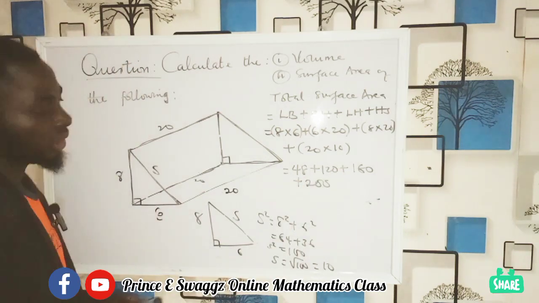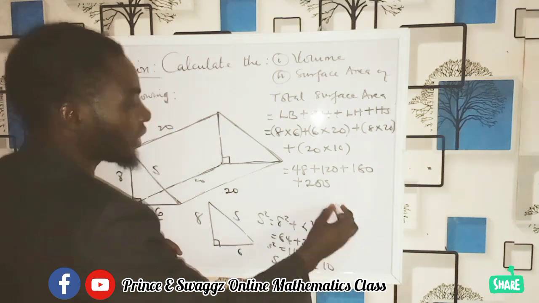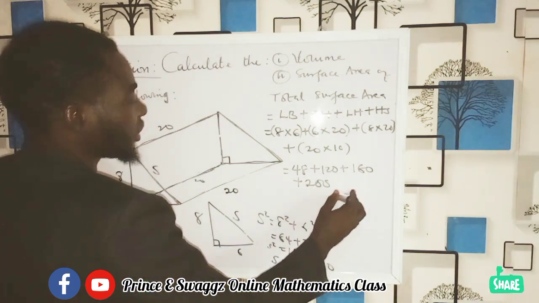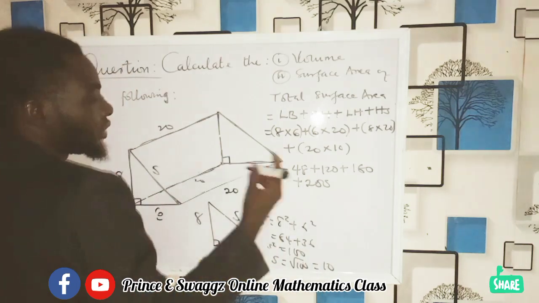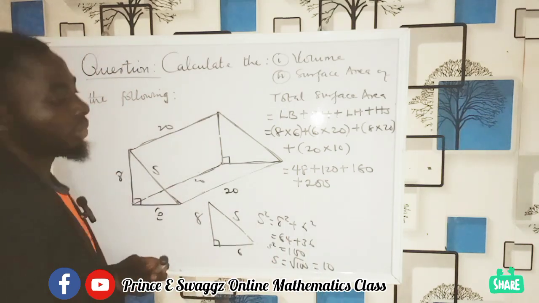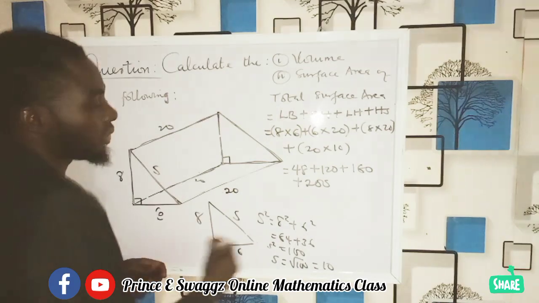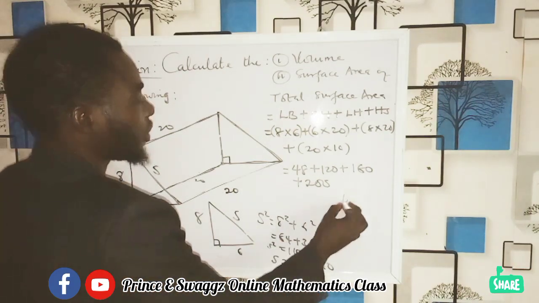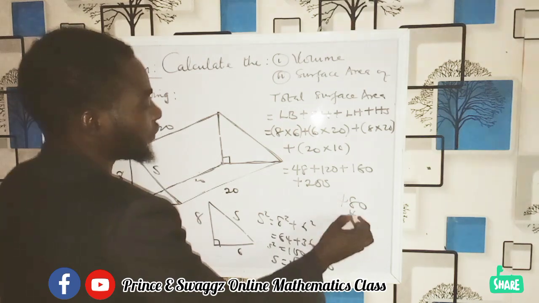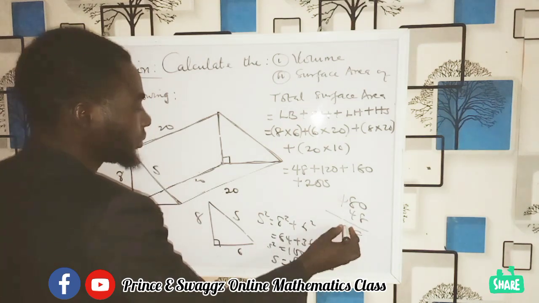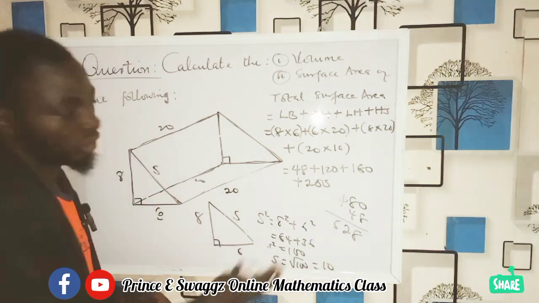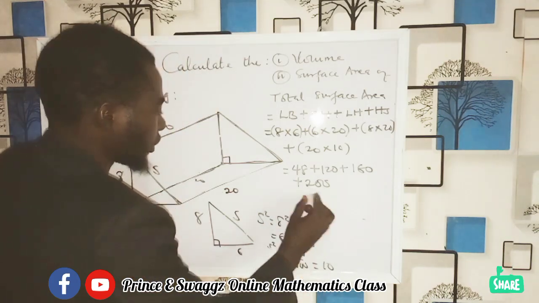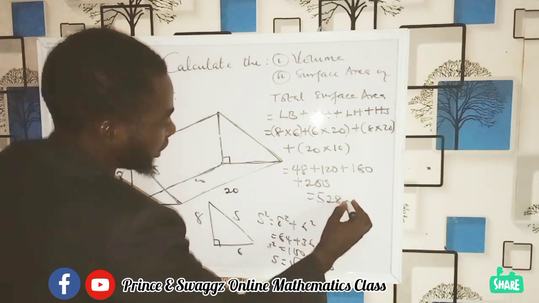And if you add this together, you're going to have 200 plus 160, that's 360. 360 plus 120 will give us 480. 480 plus 48, that is 528. So our answer to this is 528.